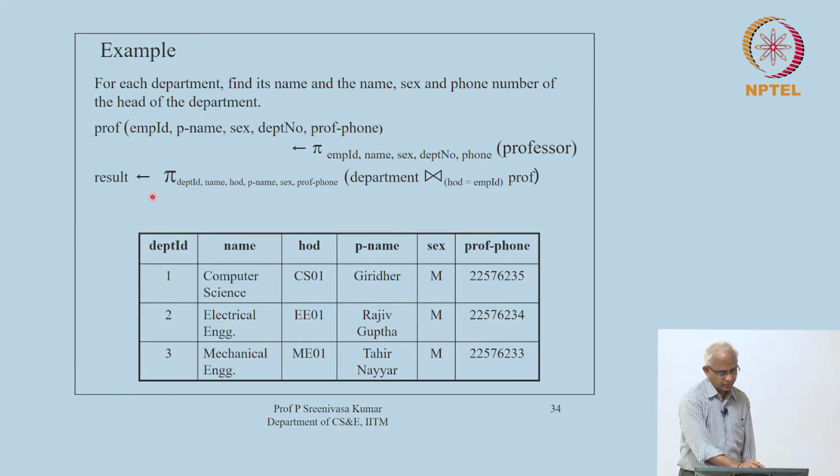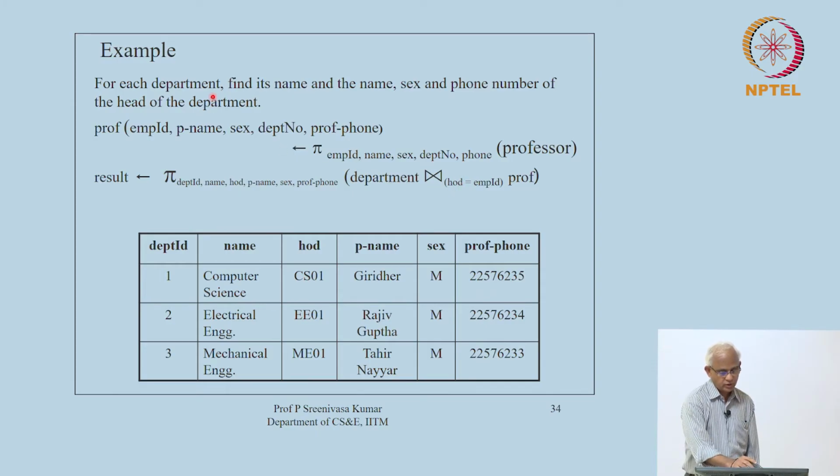And then similarly, I can go straight for the join. So, here I perform a department join prof, which is this temporary relation, with the join condition HOD equals employee ID, right.